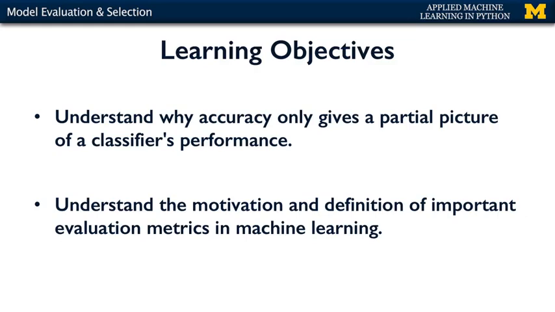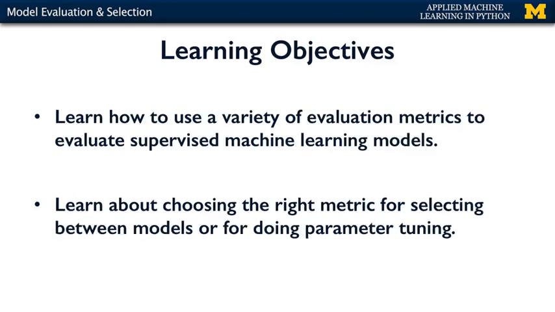In this module, you'll learn why measures like accuracy, which are simple and easy to understand, also have drawbacks in that they don't give a complete enough picture of a supervised learning model's performance and may not be the right metric for measuring success in your application. So we're going to cover several additional evaluation metrics beyond accuracy.